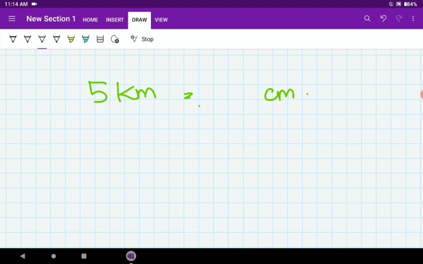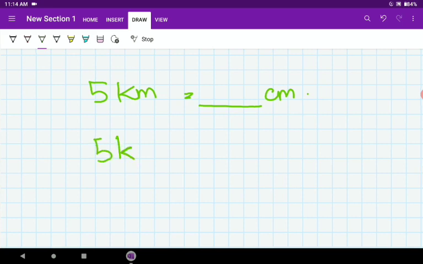First you have to convert, the kilo and centi, these are prefixes and meter is the original one. So 5 kilometer means 5 kilometer into, what is the conversion factor here for kilometer and meter? First let me write it here. 1 kilometer equals 1000 meter.